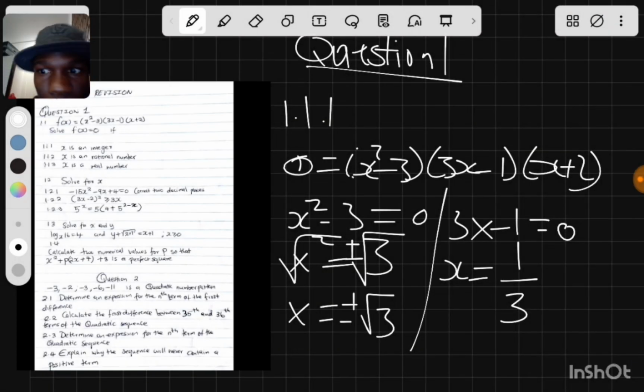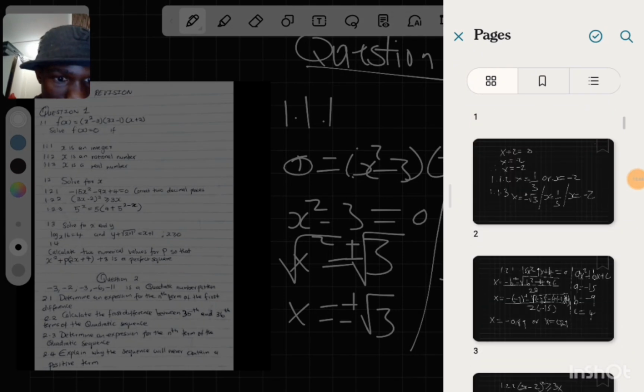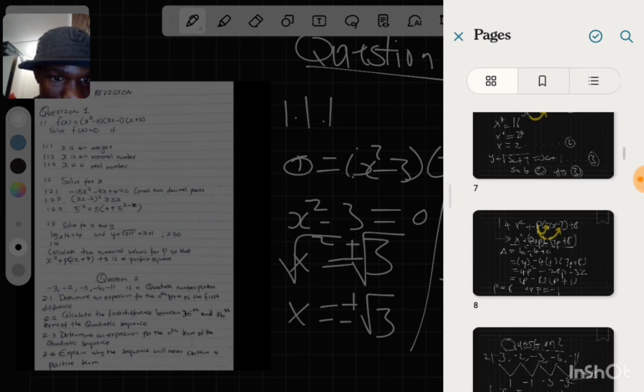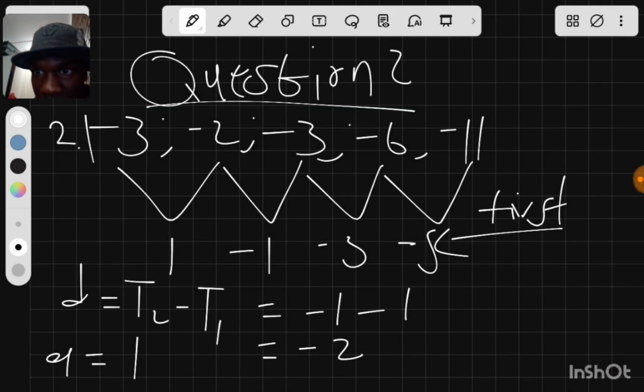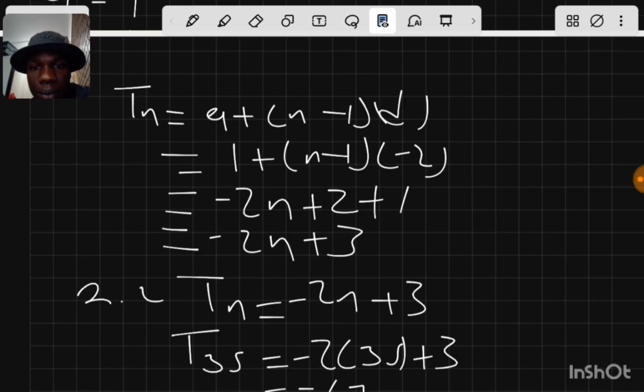Okay, let's confirm it from what we hold here. This is our T1. It's minus 3, not 3. Sorry, it's minus 3.